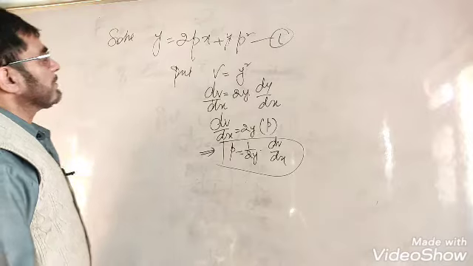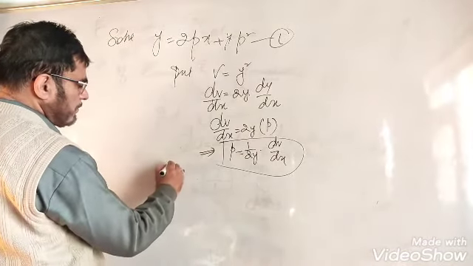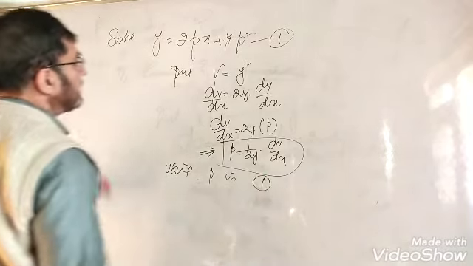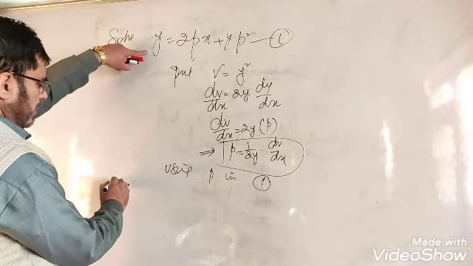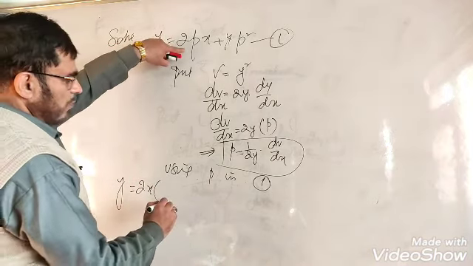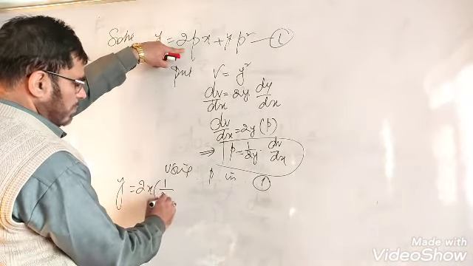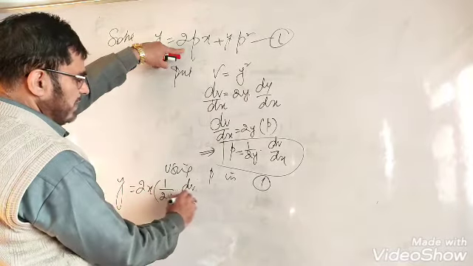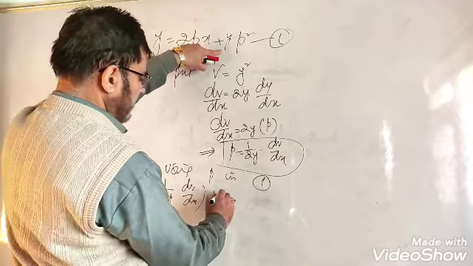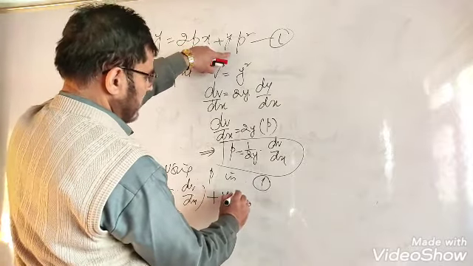Let us see what happens using this p in equation number 1. It is y = 2x into 1/(2y) dv/dx, plus y. What is your p²?